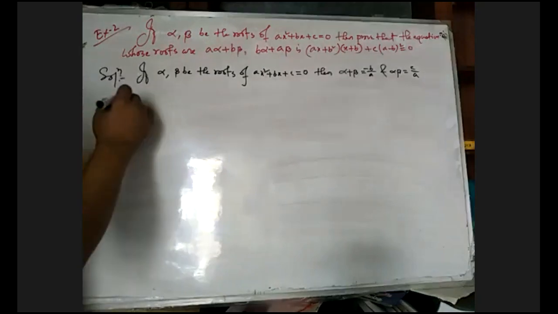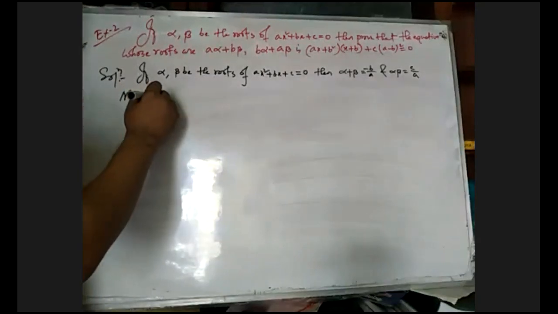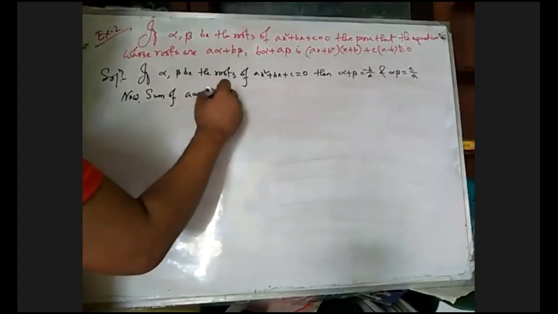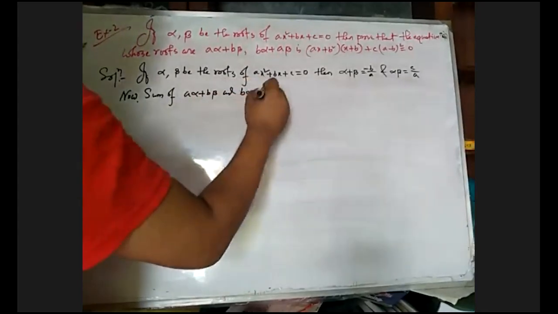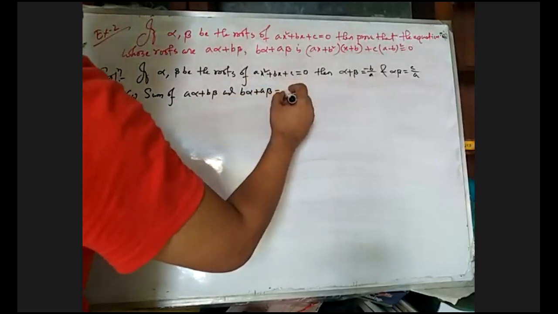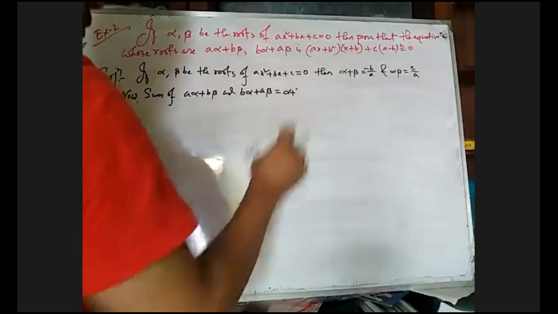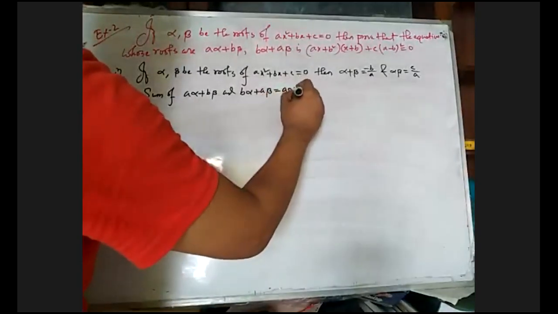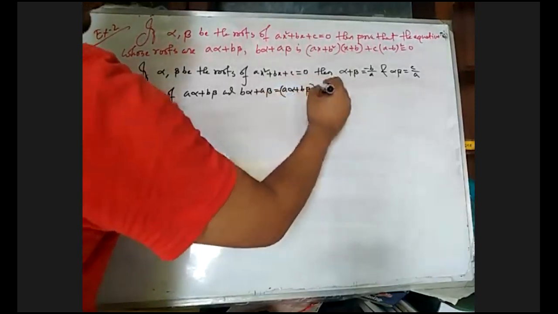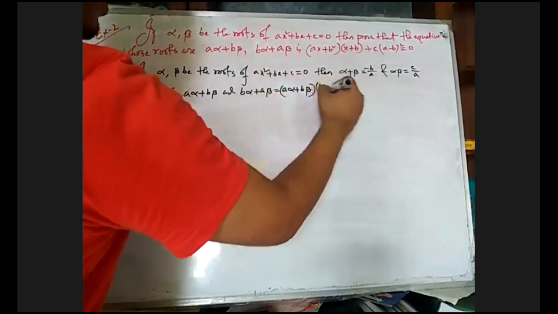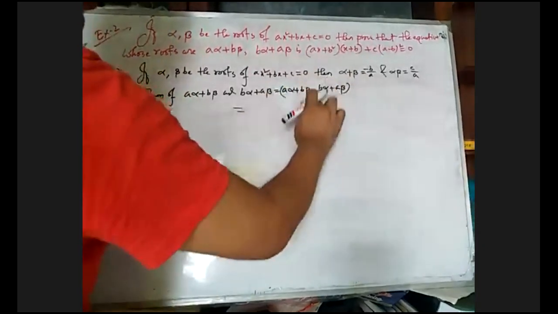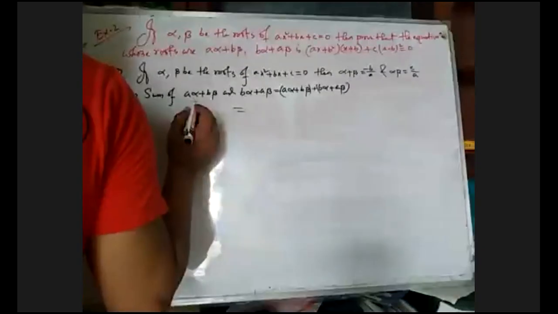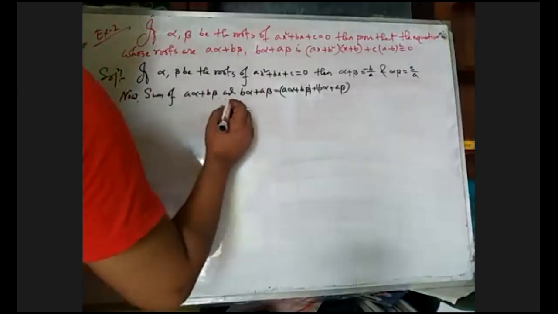So now the sum of a alpha plus b beta and b alpha plus a beta. So this will be the sum.